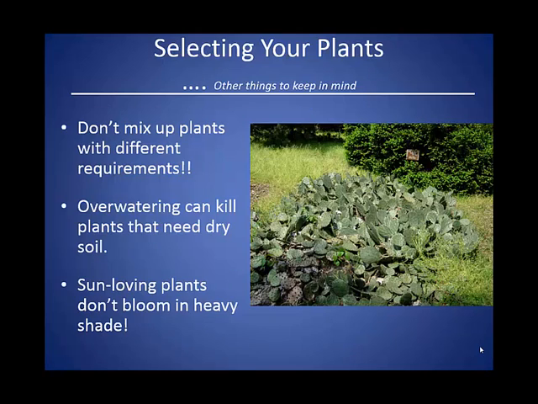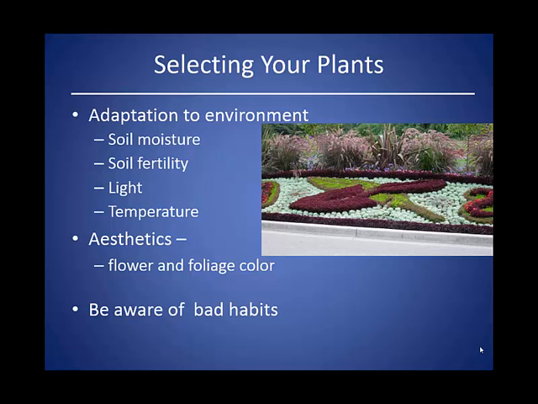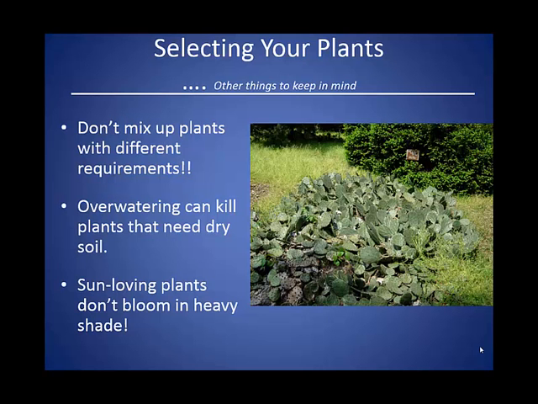So let's see, where are we? As you're putting plants together, you want to be sure not to mix plants with different requirements, things that require a lot of water versus things that don't want any water. You guys are all gardeners, but if you're advising somebody brand new, that's something they might not even think of.